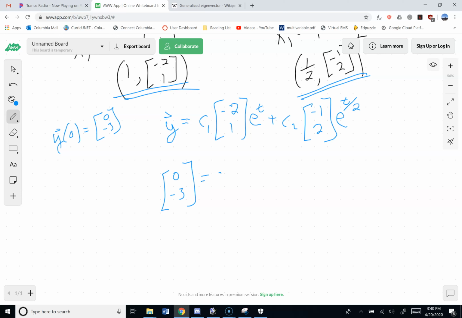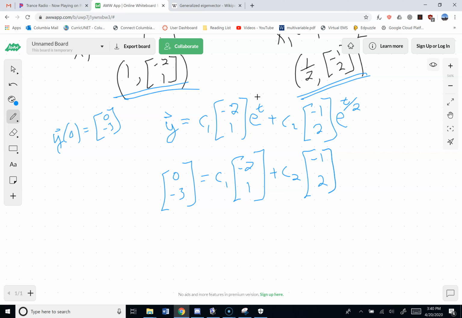So (0, -3) should be C1 times (-2, 1), e to the 0 is 1, plus C2 times (-1, 2), and e to the 0 is again 1.